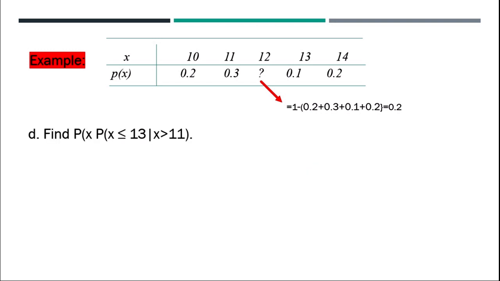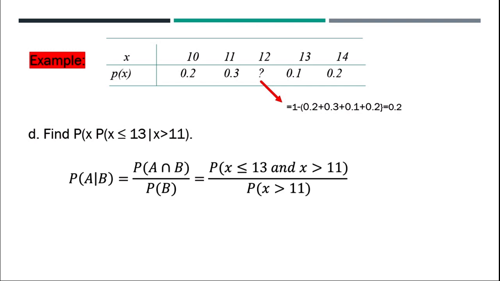D is a conditional probability problem. In Chapter 3, we have learned the formula for the conditional probability. A is x smaller or equal to 13. It can be 10, 11, 12, 13. B is x bigger than 11.